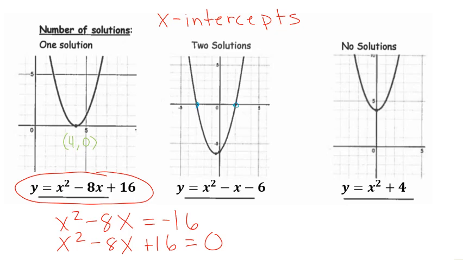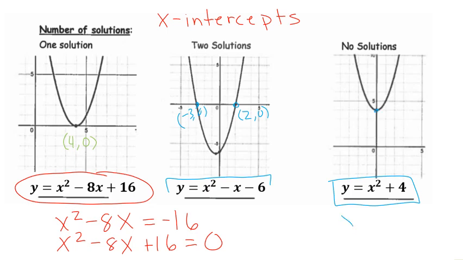That would be, for example, if we take this equation right here and graph it, we can see it crosses at -3, 0 and 2, 0. So this is an example where it has two solutions or two x-intercepts. And then we can have a situation where we graph it and we have no x-intercepts.